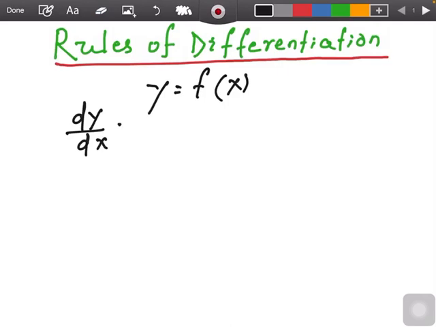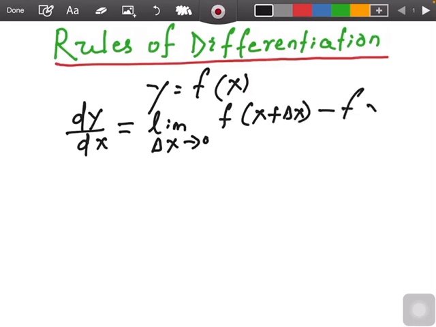By first principle, the derivative dy by dx is equal to the limit as delta x tends to 0 of f of x plus delta x minus f of x, divided by delta x. So this is the derivative formula by first principle.